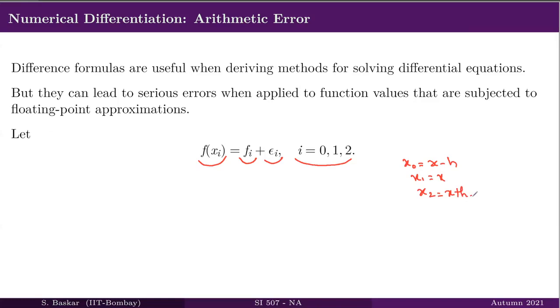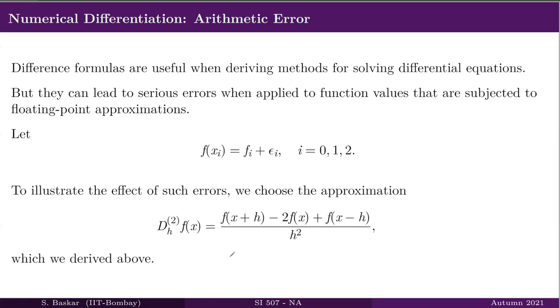If you recall, these are the node points we have taken for the central difference formula. Once we understand how to derive the arithmetic error for this particular formula, in fact, the same idea can be repeated for any other finite difference method also. Well, let us recall that the central difference formula is given by f of x plus h minus 2 into f of x plus f of x minus h divided by h square.